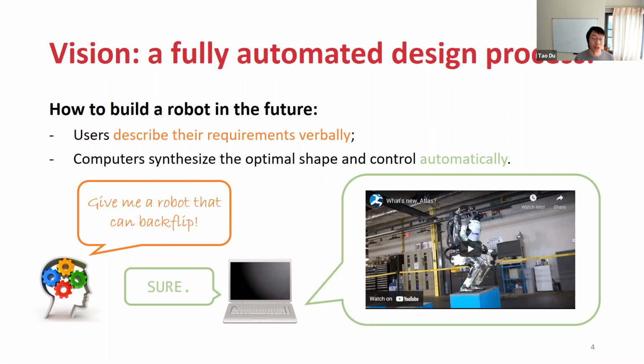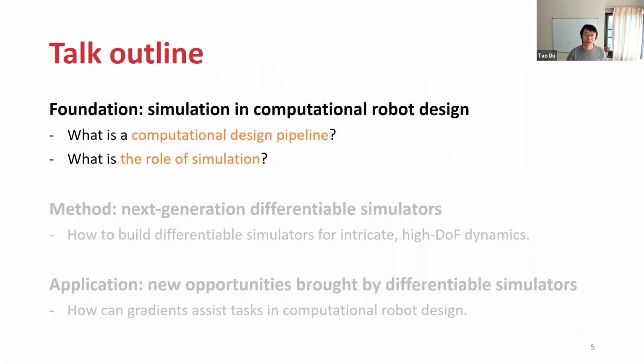And once computers accept the request, they will leverage very powerful computational resources and algorithms to synthesize and discover the optimal shape and control, or the body and the brain of the robots, automatically. And in today's talk, I will introduce our recent attempts towards this grand vision.